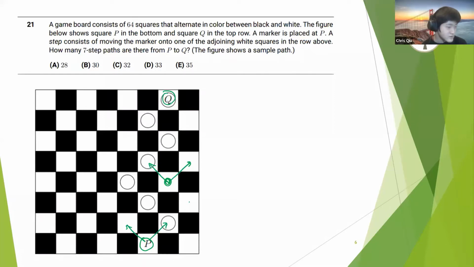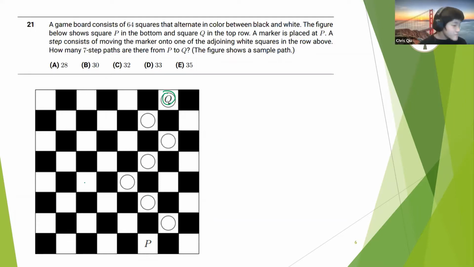And one more example: if our piece was over here, then the only place it could move is diagonally to the left. So these are the possibilities for where our marker can move.